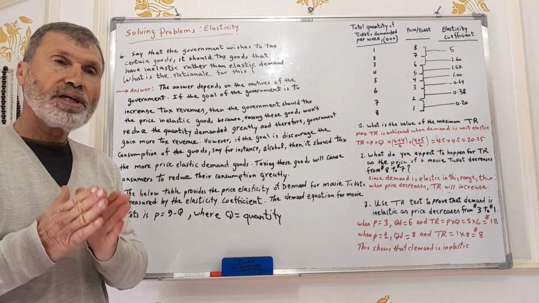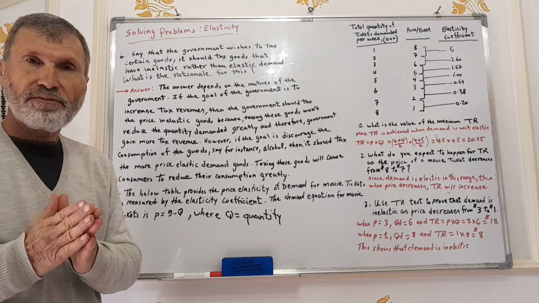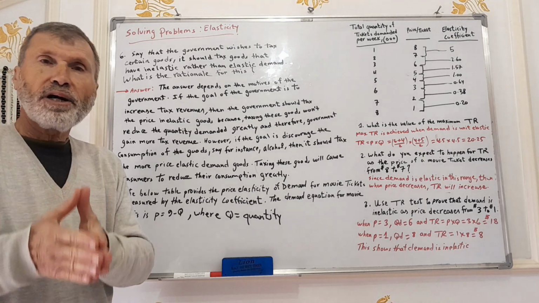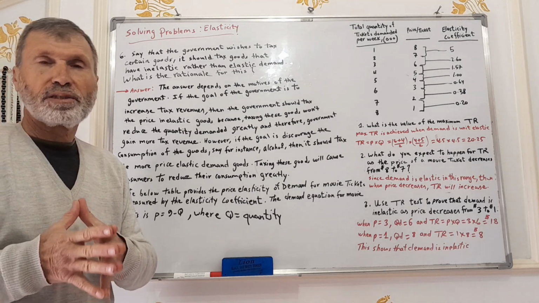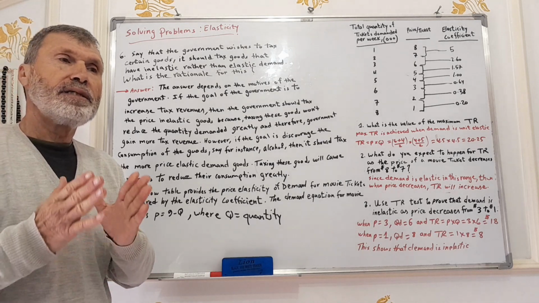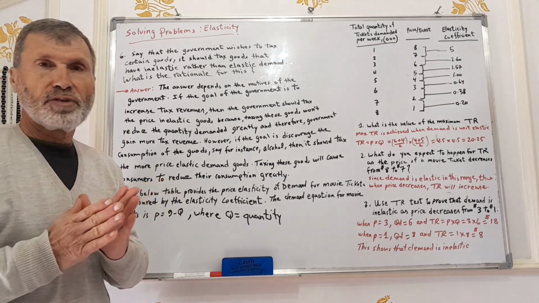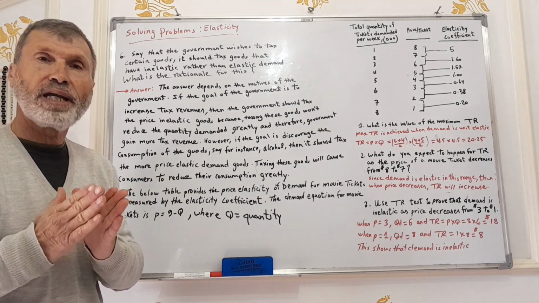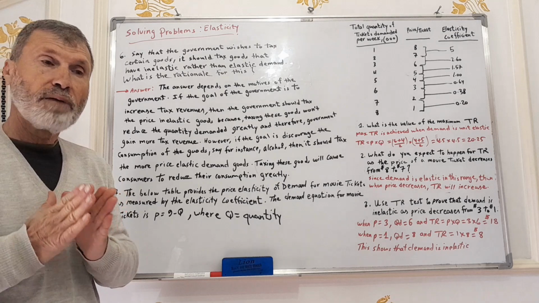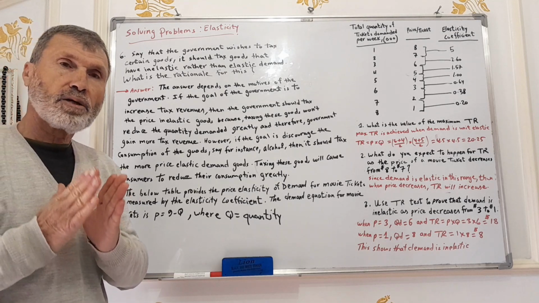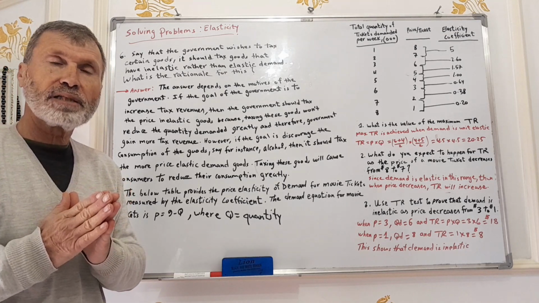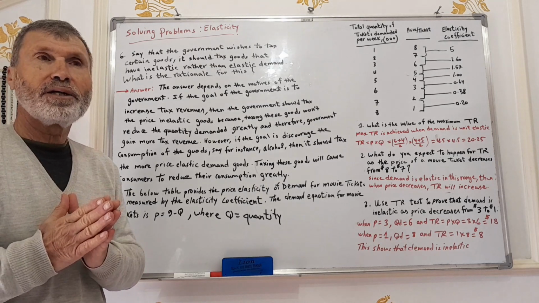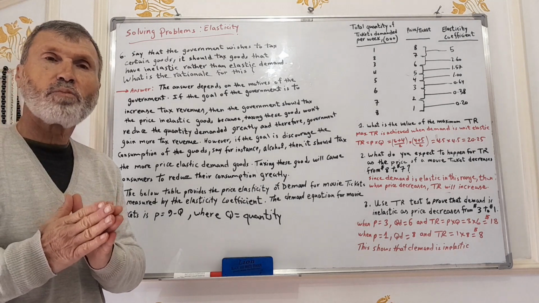However, if the government's objective is to discourage consumers from the consumption of these goods, then the government should tax the goods that have elastic demand. Why is that? Because taxing the goods that have elastic demand will cause consumers to buy less.